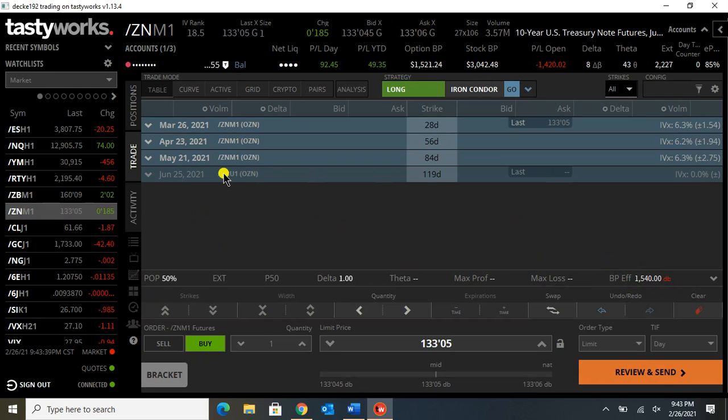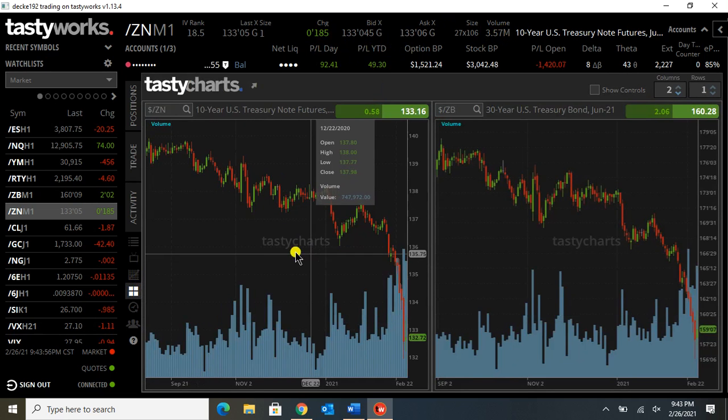So 2 of these would be $3,000 plus the $4,500. You're looking at about $7,500 to put on 1 NOB spread. So that's quite a bit of capital to put up for 1 position for a typical retail trader. Along with the yields being the inverse, it makes it a little bit more complicated.